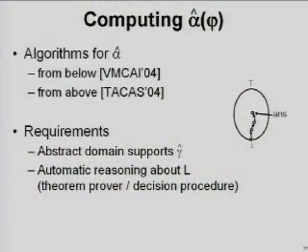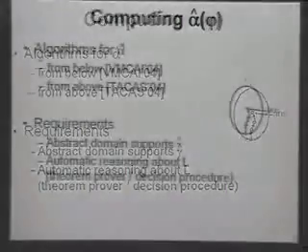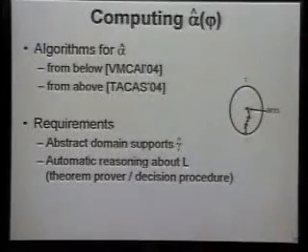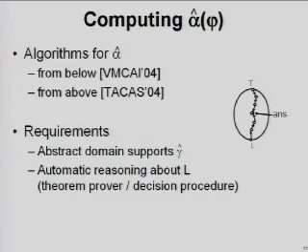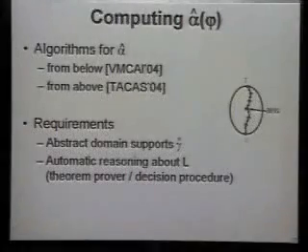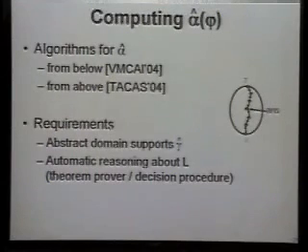It starts from bottom as an approximation for the final result of alpha hat, and it works its way up the abstract domain using some process of successive approximations. The other algorithm starts from above and works its way down the abstract domain using a completely different technique on each step. If this abstract domain has a unique fixed point, then both will find the same result.